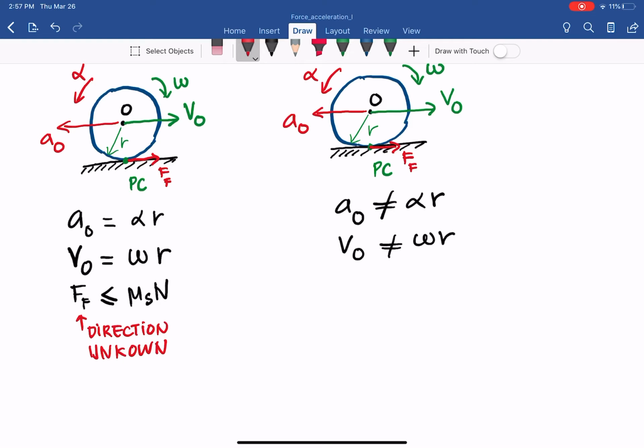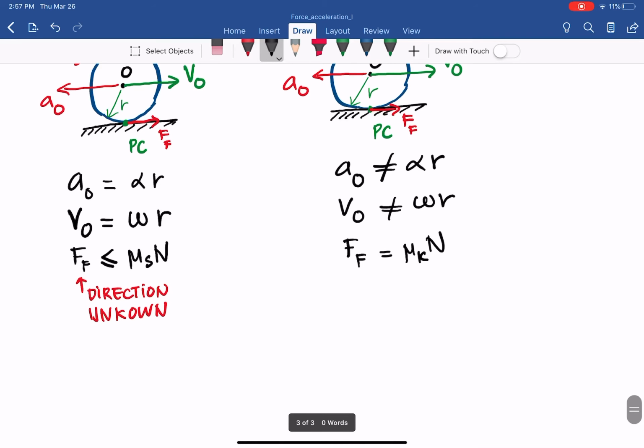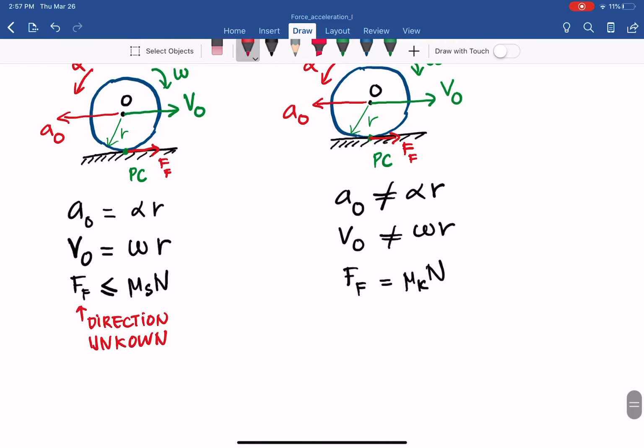If it's slipping, then the friction Ff is equal to, remember from friction class, mu sub k N. And the direction, we know, is opposite to the motion at the point of contact.